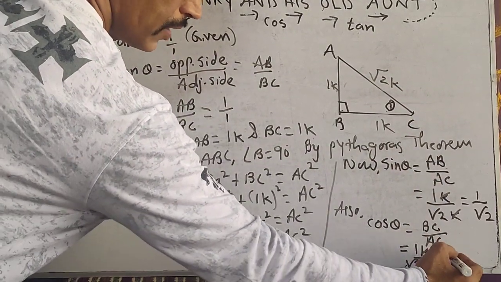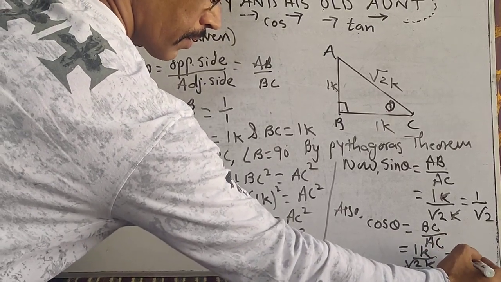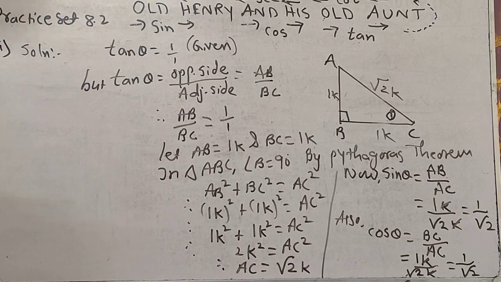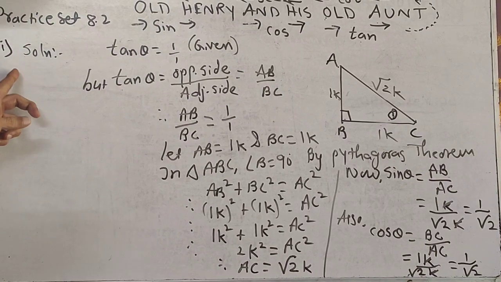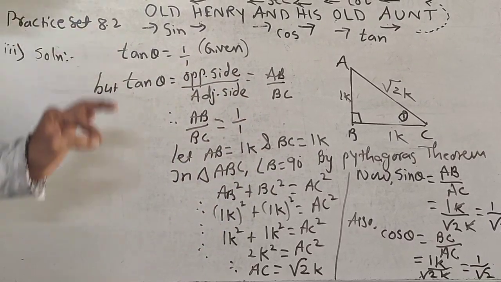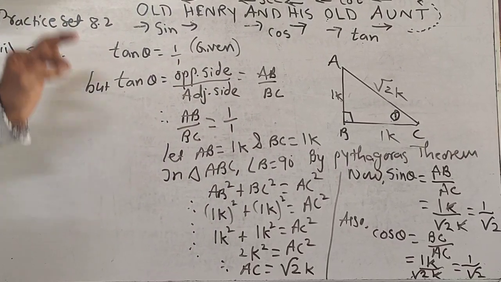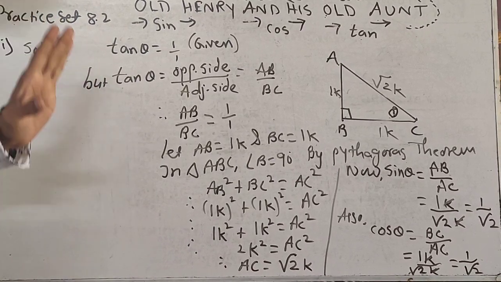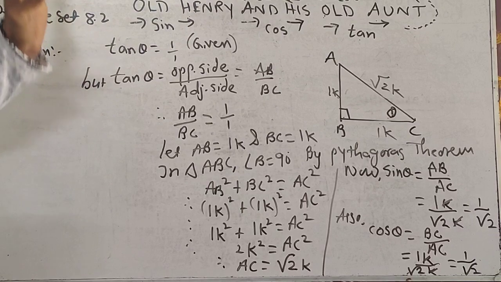K will get cancelled. Your answer is 1 upon root 2. So here we have completed this sum number 3 also very easily. Okay, same type sum in question number 1, so please copy down.